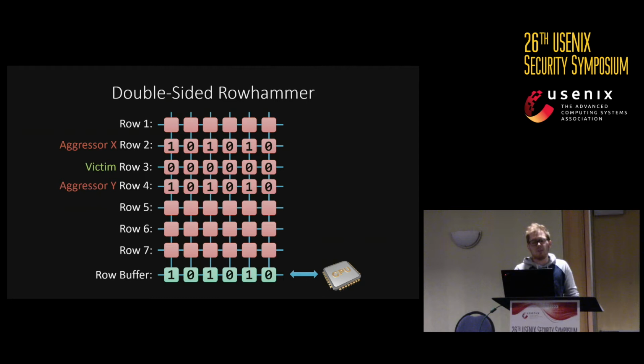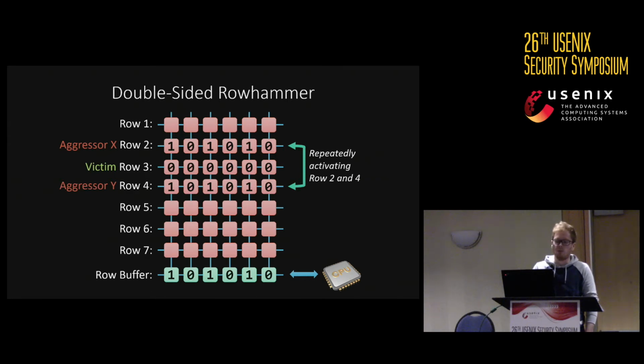In this scenario, the attacker chooses the aggressor rows in such a way that there is a single victim row between two attacker rows. And this reliably produces multiple bit flips within a single row, and hence defeats ECC RAM.